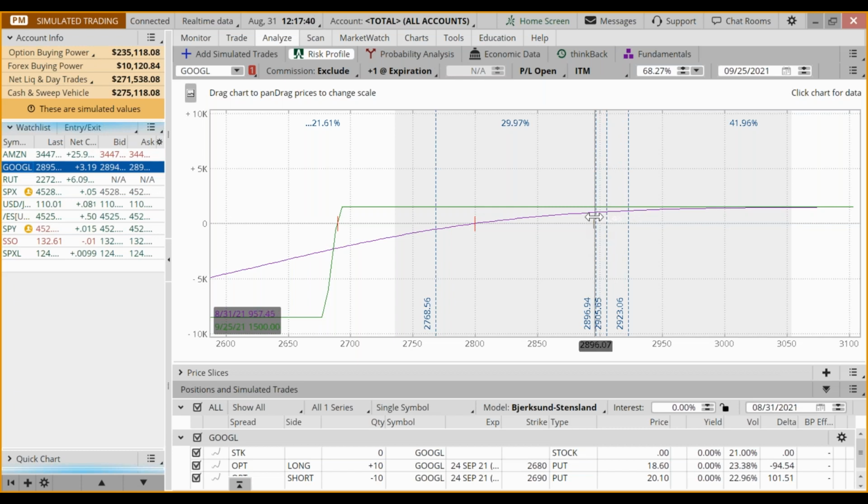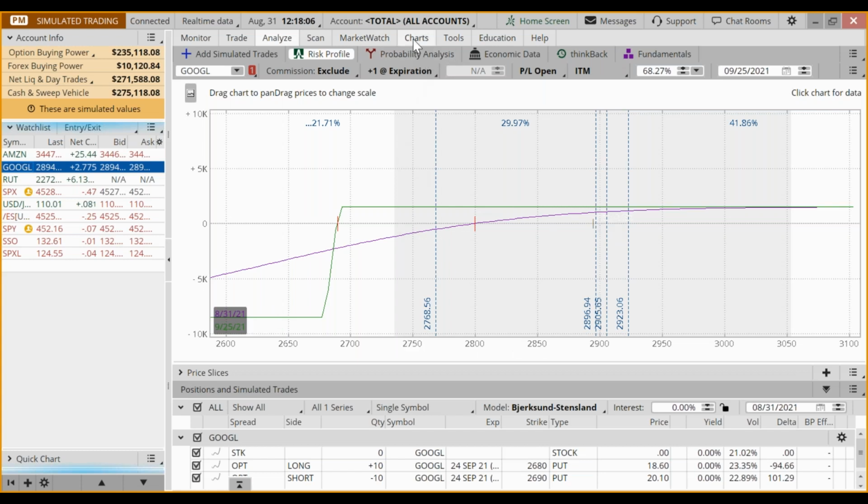We're way over here on Google. Well, what's this telling me? I have very little profit left in this trade. I've got the lion's share of it already. So when I look at this risk profile, the first thing I think about is, is it time to take this profit?